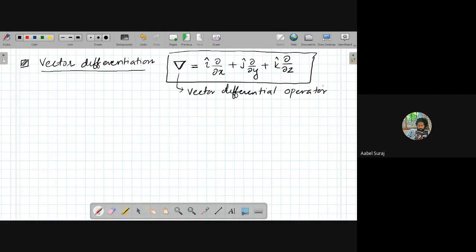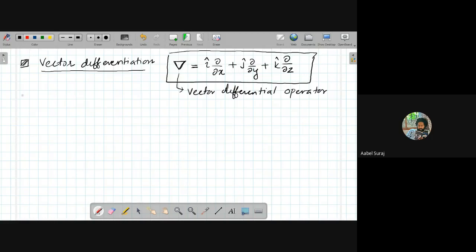There are so many things about the vector differential operator. We'll do them one by one. There is gradient, there is divergence, and there is curl. We have different ideas. Let me write it one by one. This is a very important thing.